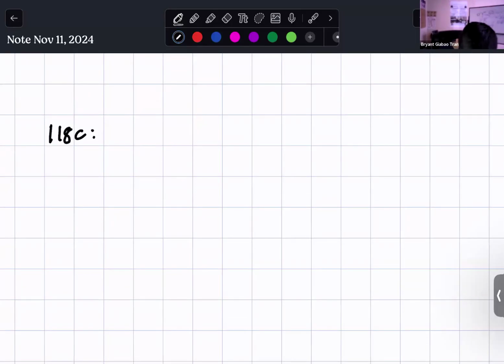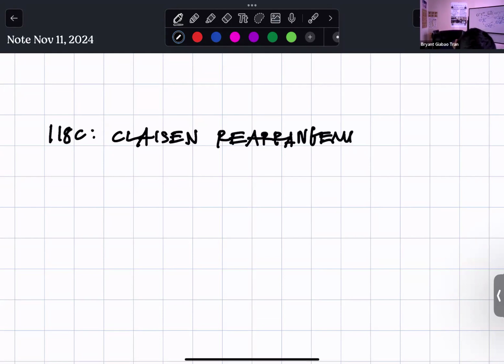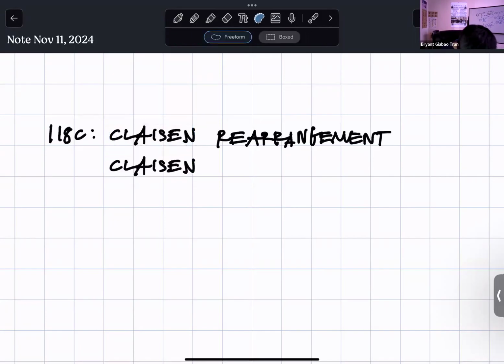we'll go over Claisen rearrangement, Claisen condensation. They're different chapters. Claisen rearrangement is part of chapter 22. Claisen condensation is going to be chapter 23.